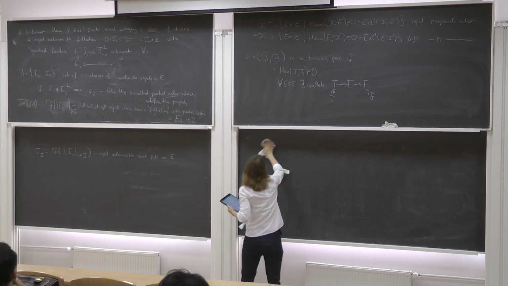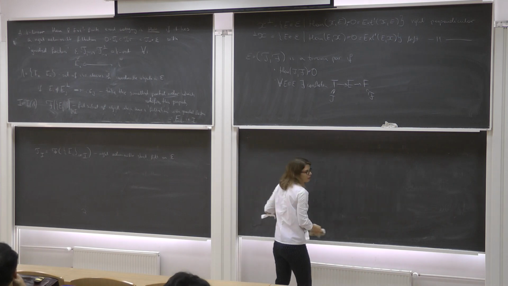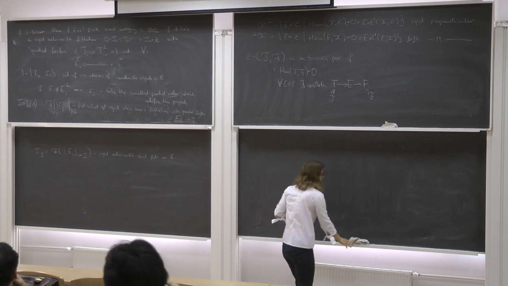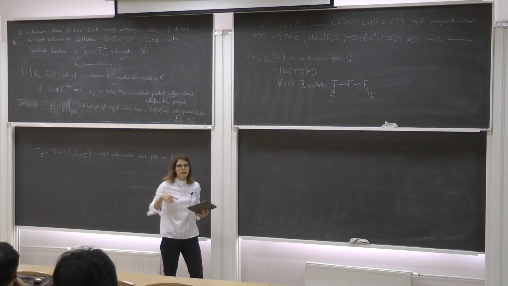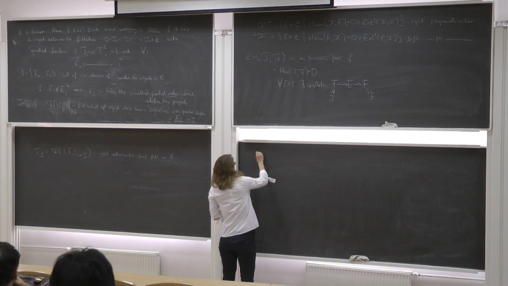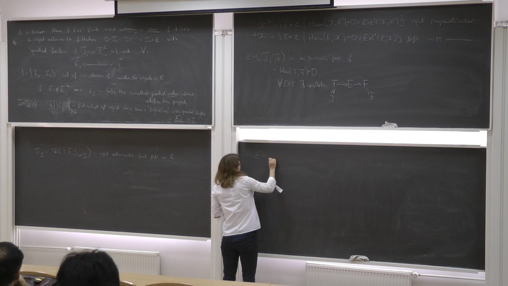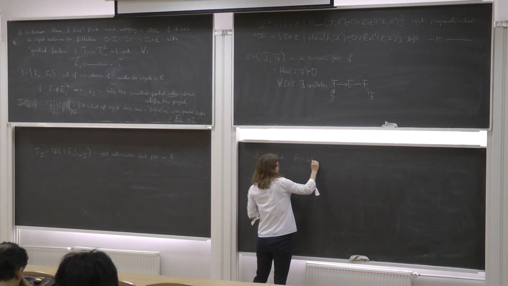So for example, we can define a right or left exact functor from an exact category to an abelian one. Let me say that E is exact and A is abelian.